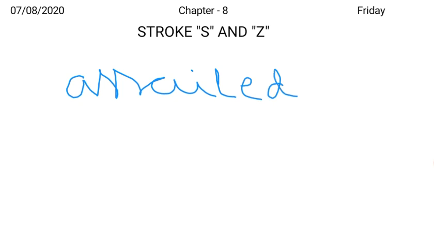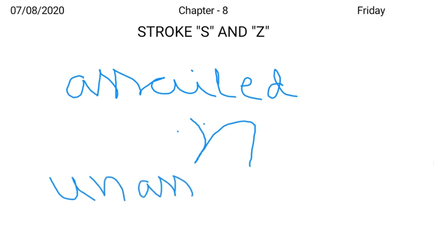Assailed, A, S, S, A, I, L, E, D. Here also, before S there is a vowel. According to the rule, you have to write stroke S, L, and D. Now you have to write the outline for unassailed. The word unassailed is a derivative word derived from the root word assailed.